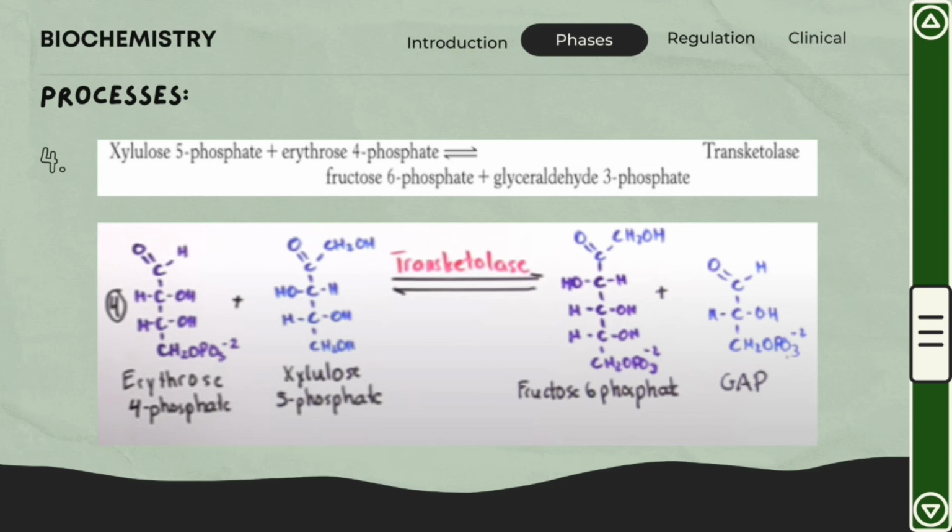So we see that if we sum up all the 4 processes, the net reaction that we actually get is: we have the input of 3 ribose 5-phosphate molecules, so 2 in process 1 and 1 in process 2. We essentially get back 2 fructose 6-phosphate molecules and a single glyceraldehyde 3-phosphate.